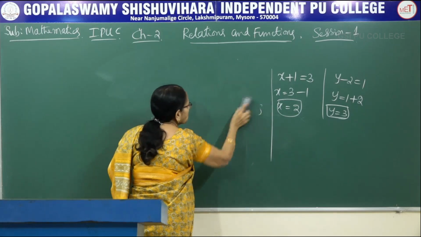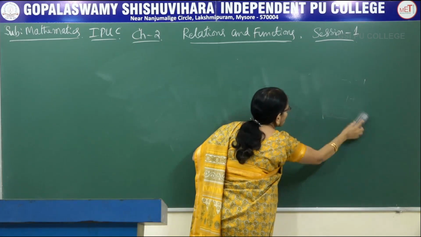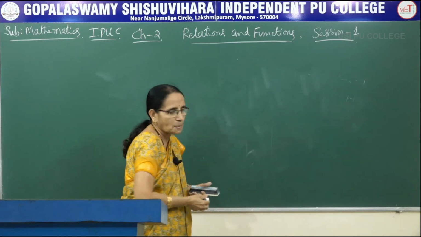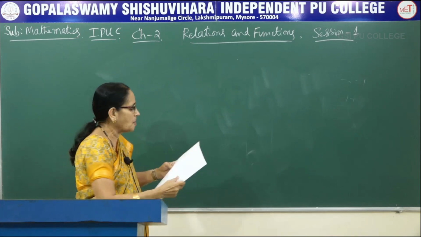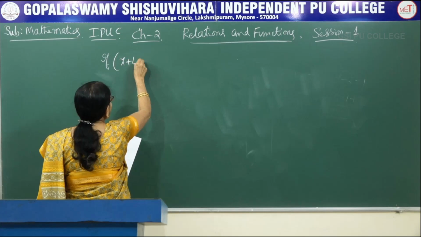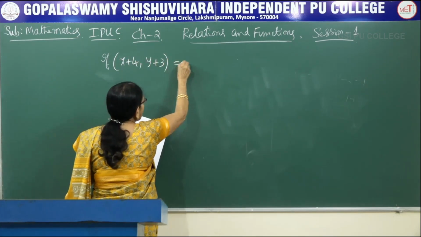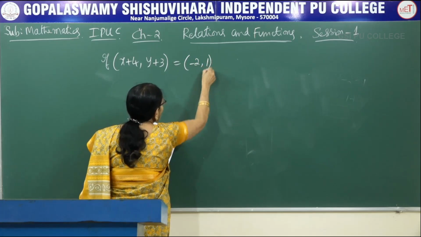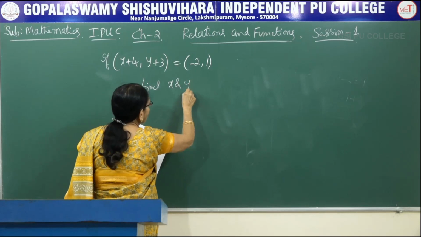Now let me consider another problem of the same type. Now here the problem is like this. If x plus 4 comma y plus 3 is equal to minus 2 comma 1, then find x and y.